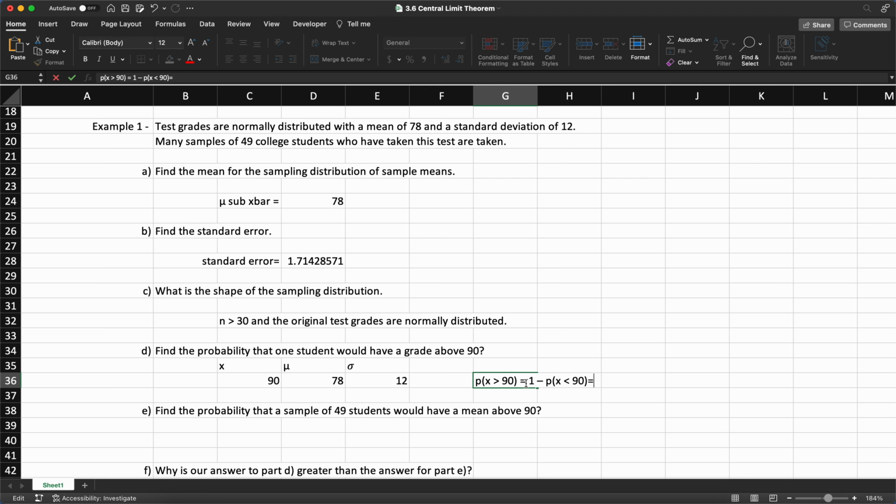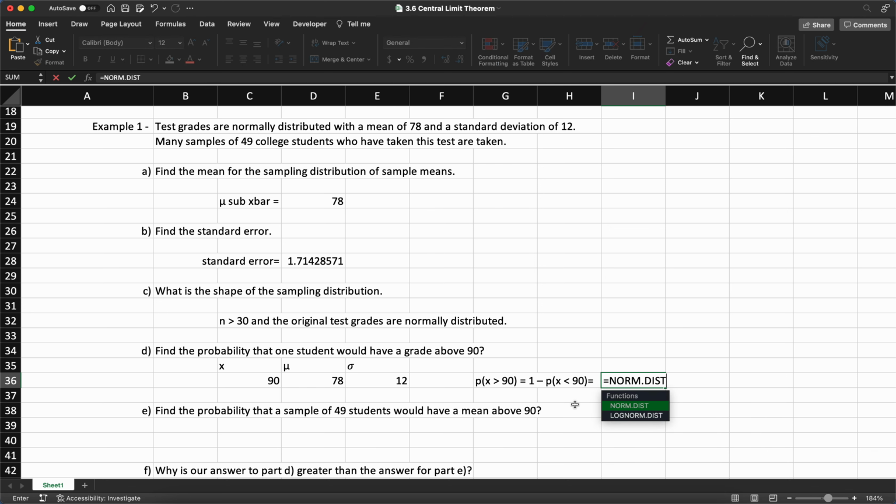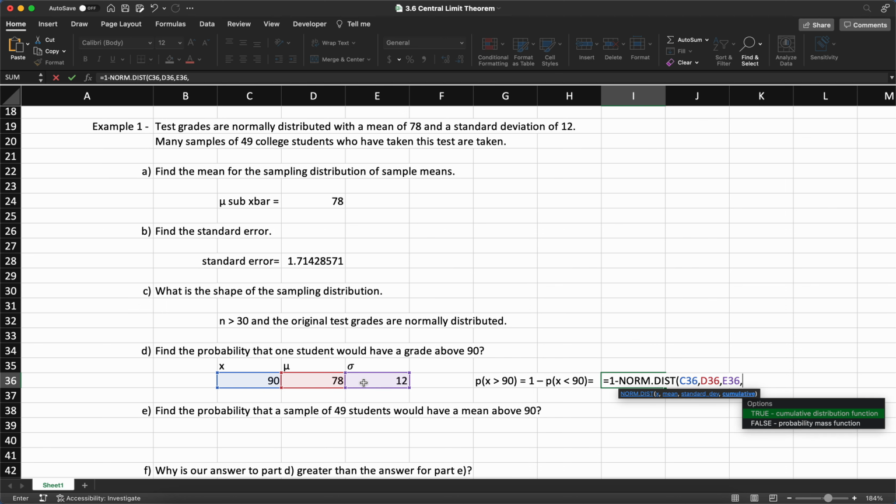And the way that we find the probability that somebody got less than a score is with our norm.dist function. So that's going to be, I have a 1 minus here. Let's not forget the 1 minus. 1 minus, and then norm.dist of x, comma, mu, comma, sigma, comma, true.